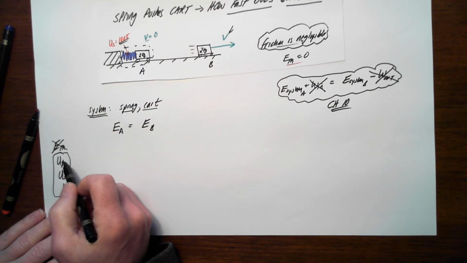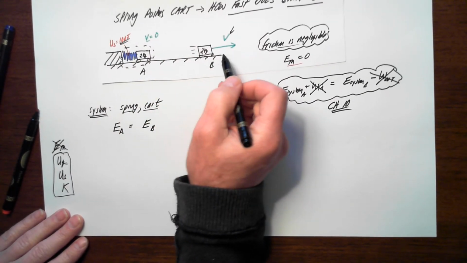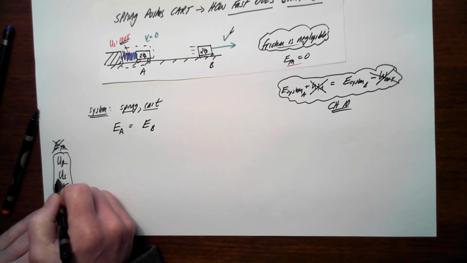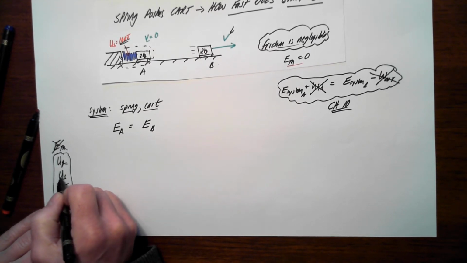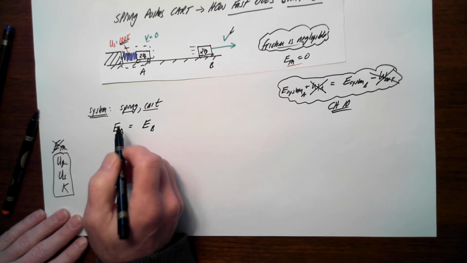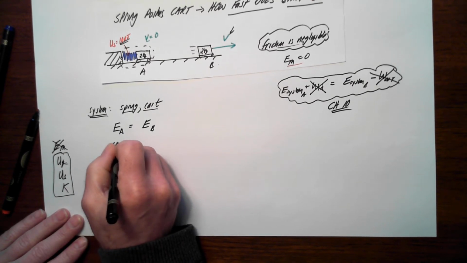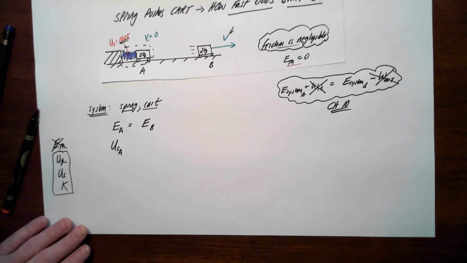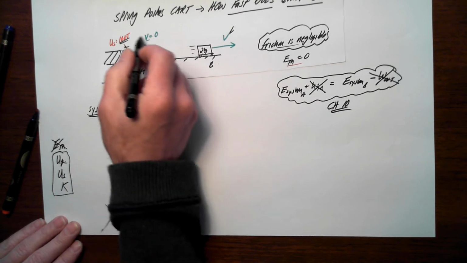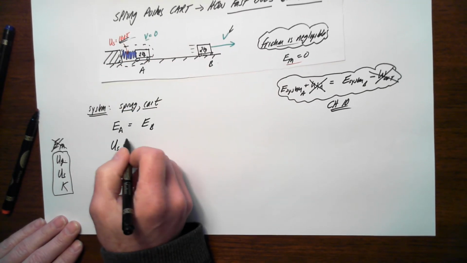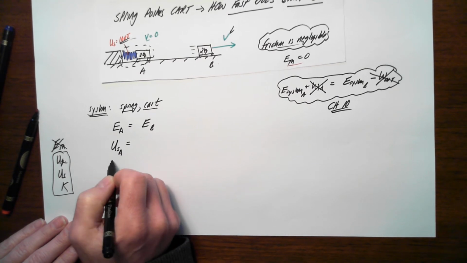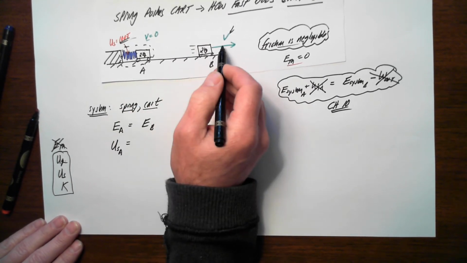Is anything elevated above a low point? No, no gravitational potential energy. Is there any spring energy? Yes, absolutely, there is spring energy at A. Is there any kinetic energy? Nothing is moving. So the total energy in my system at A is going to be the energy in the spring at A.